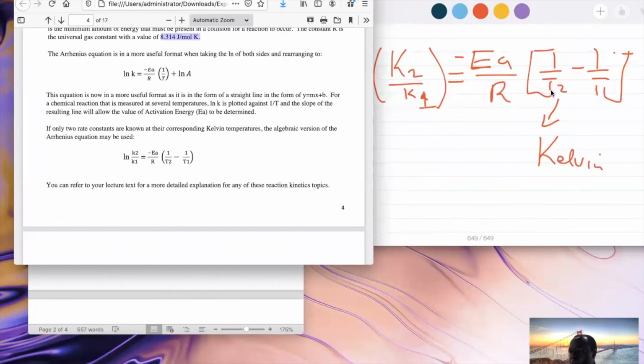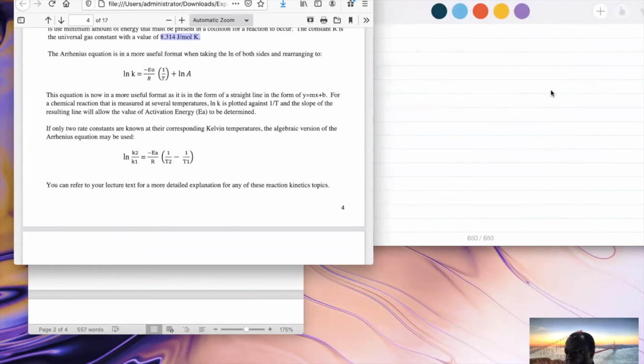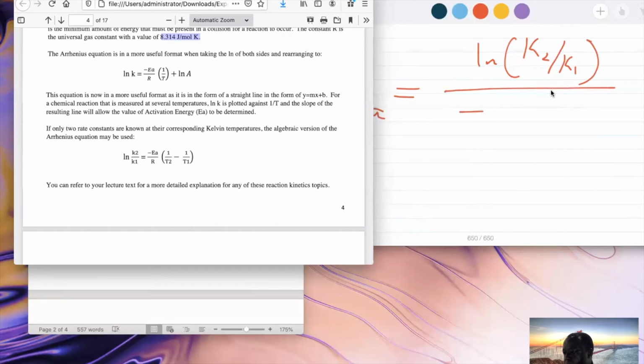I'll just have the negative go with R, so that if I want to find the activation energy, you have to manipulate the equation so that you have the natural log of K2 over K1, over negative R, times 1 over T2 minus 1 over T1, rearranging the equation.